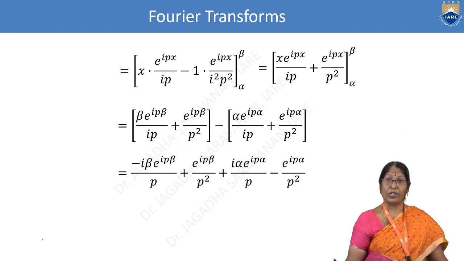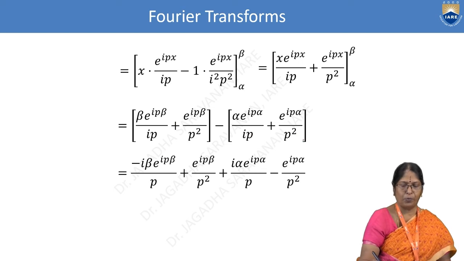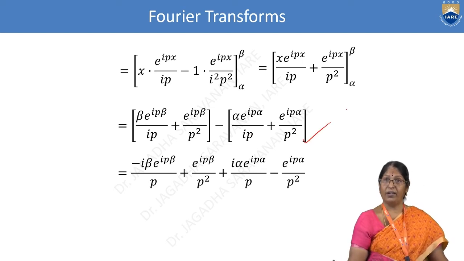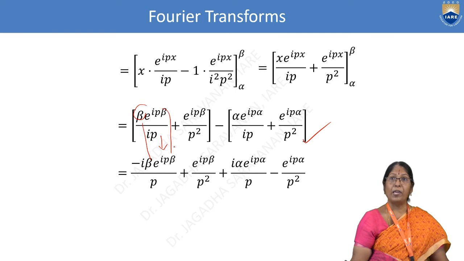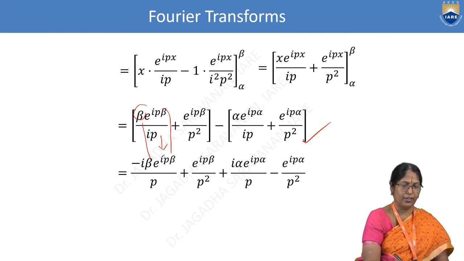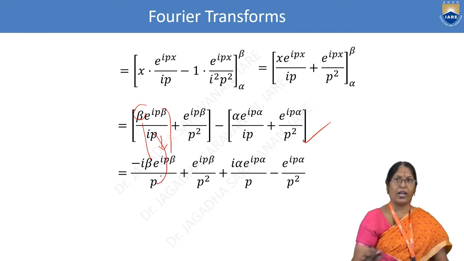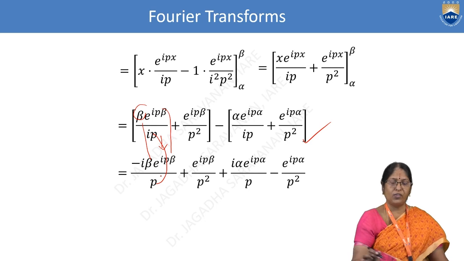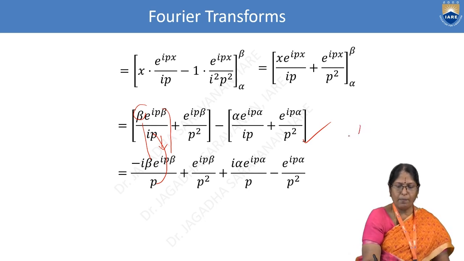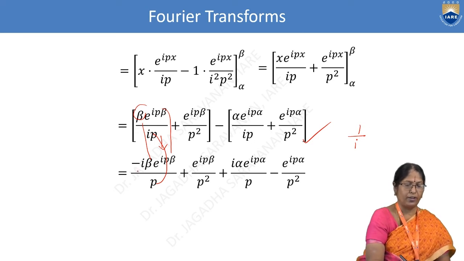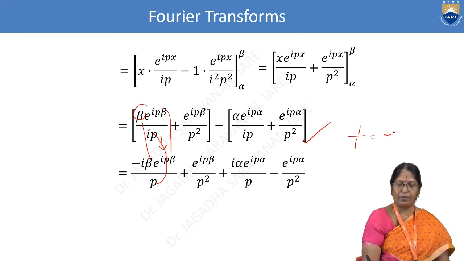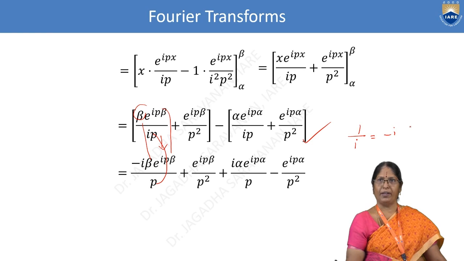Next, what are the changes we brought in here? Up to here, it's very clear. Now, the first term: beta as it is, e power ip beta as it is, and the p also as it is. The only change is the 1 by I, which we brought up as minus I. You can write it mathematically.